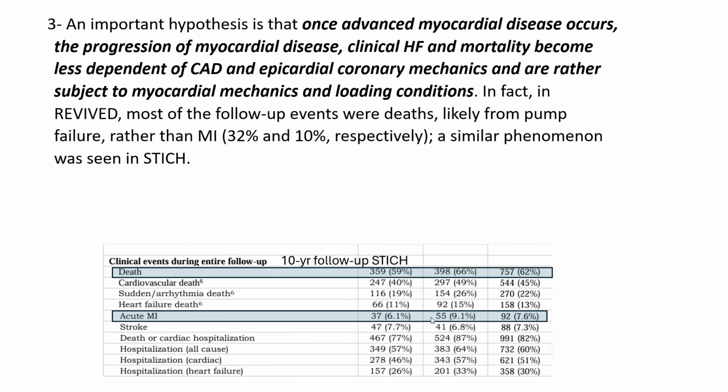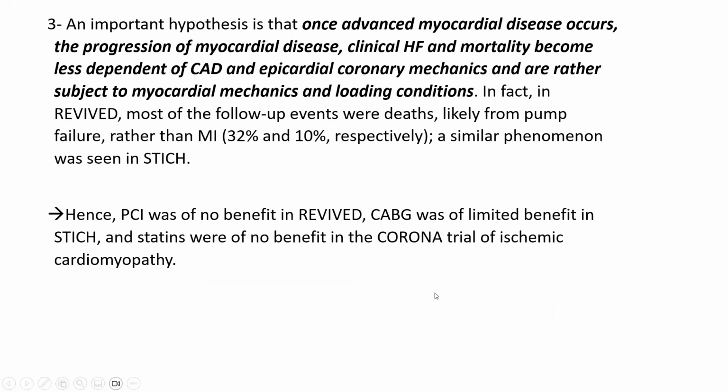So again, that myocardial progression is dictated by loading condition and electrical conditions much more than CAD progression at this stage. And this is evidenced by the relatively low rate of MI on follow-up compared to heart failure hospitalization and pump failure death. Hence, PCI was of no benefit in REVIVED, and CABG was of limited and late benefit in STICH.